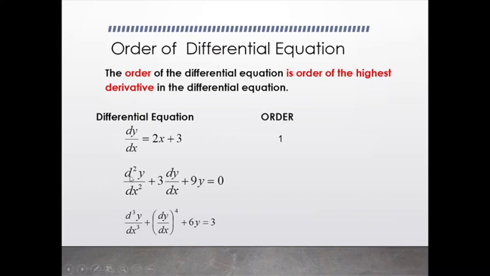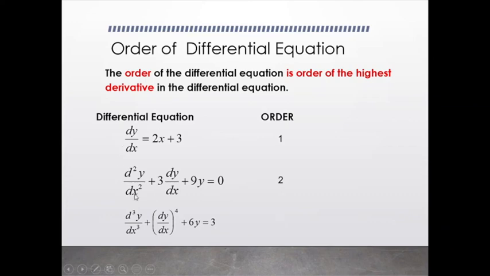For the second, the second derivative of y with respect to x plus 3 dy over dx plus 9y is equal to 0. As you can see, the highest derivative is the second derivative. Therefore, its order is 2.